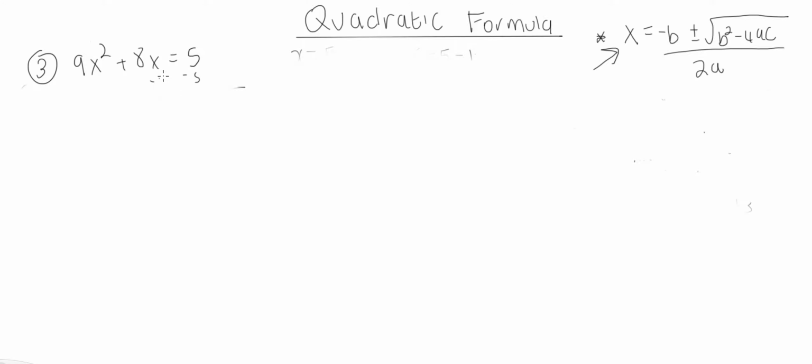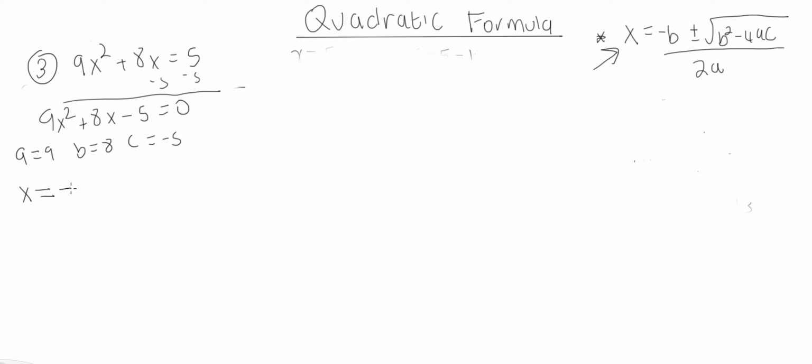So first I would need to move the 5 to this side since my x squared is positive already. Then I can write what A, B, and C are. A is 9, B is 8. Remember, it's the numbers in front, and C is -5. Remember to make sure it's in standard form.